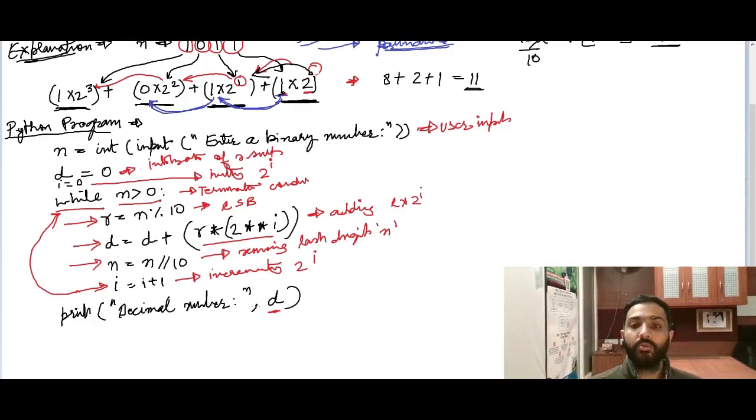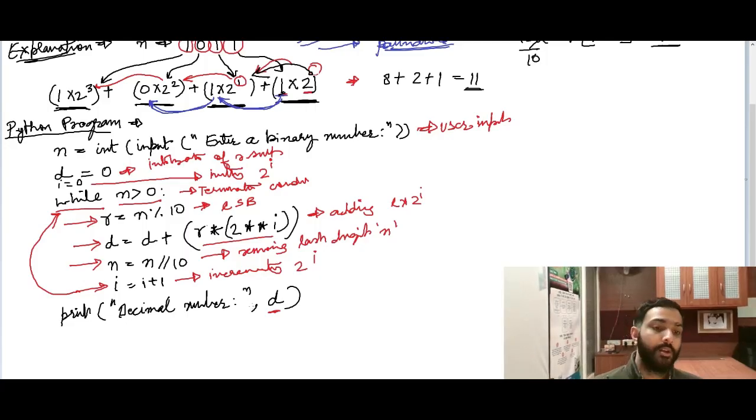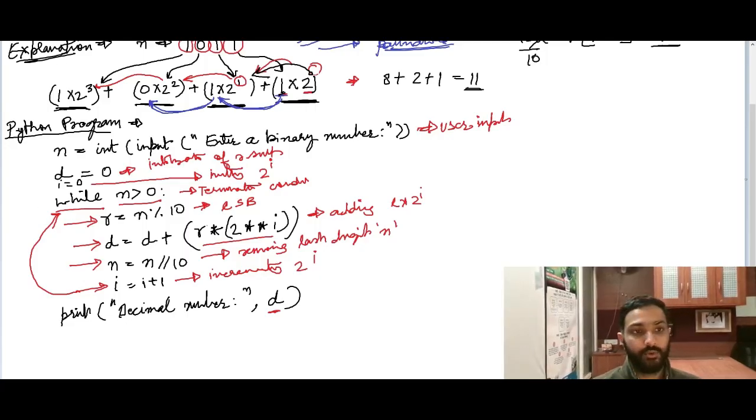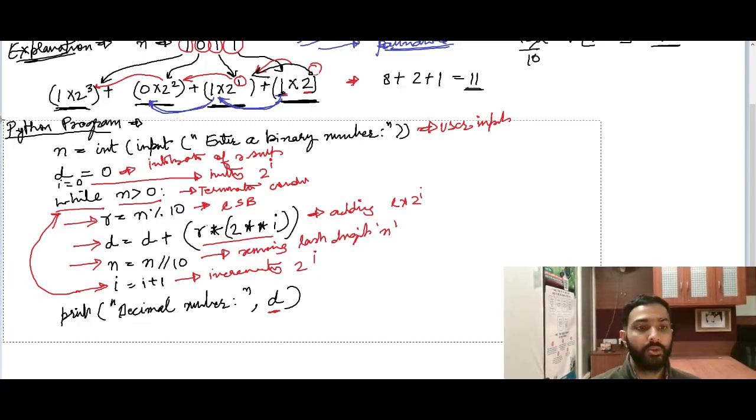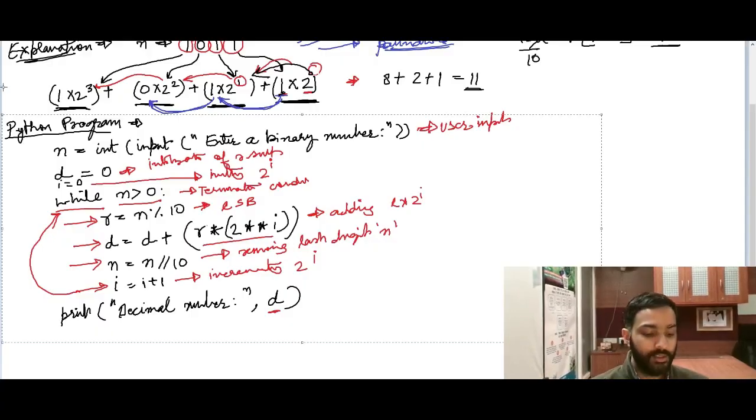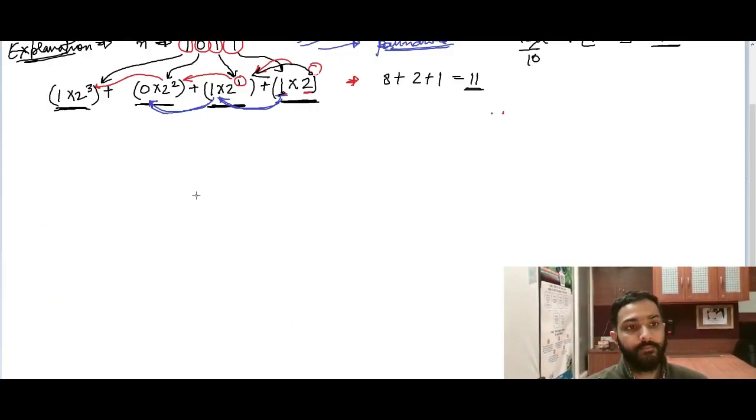Let us move on to the next question of today, which I will give just for practice. I will not give you the solution of that program. I will just give it as homework to you.